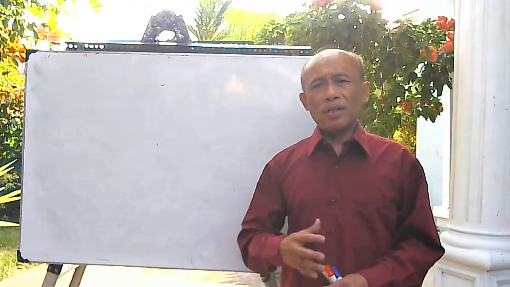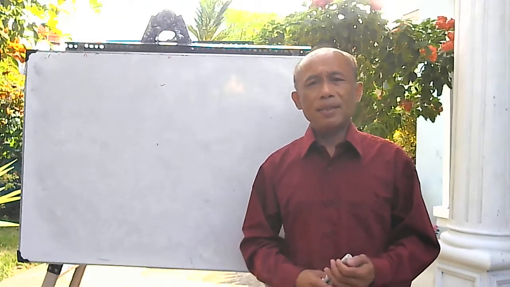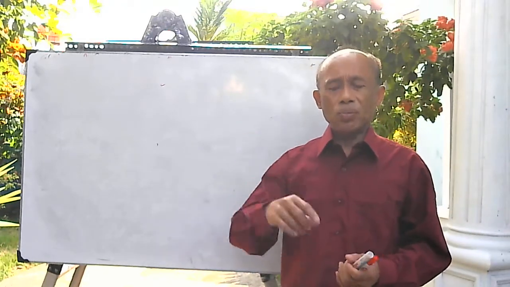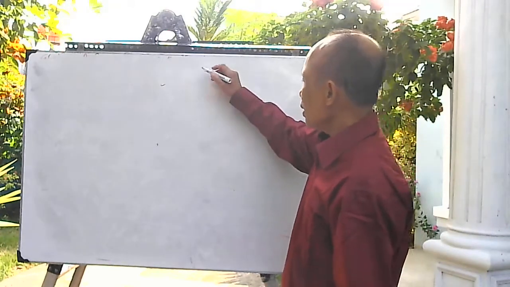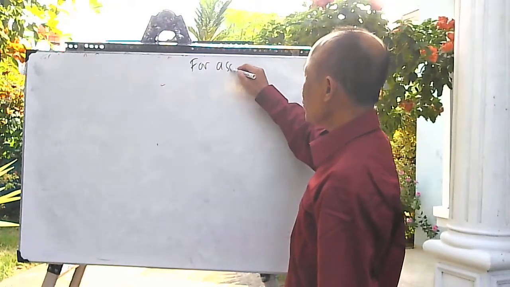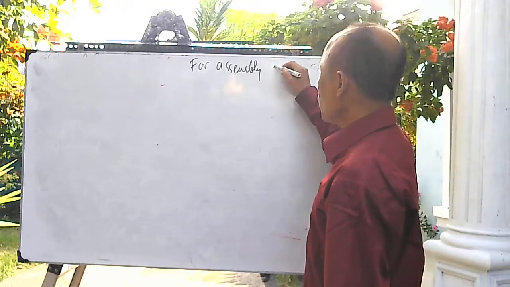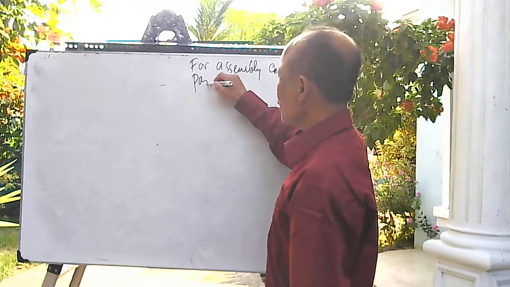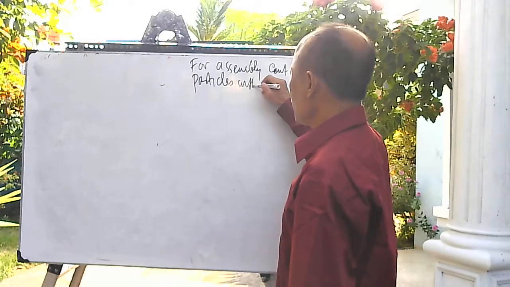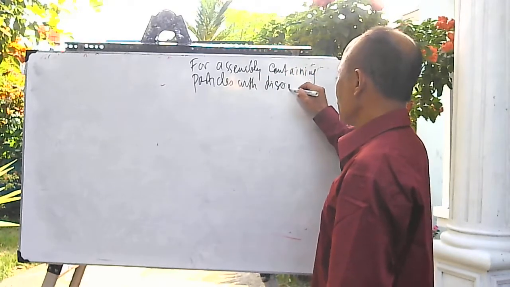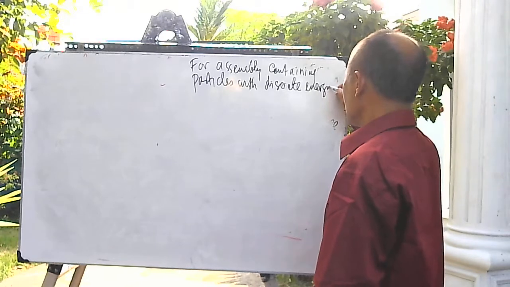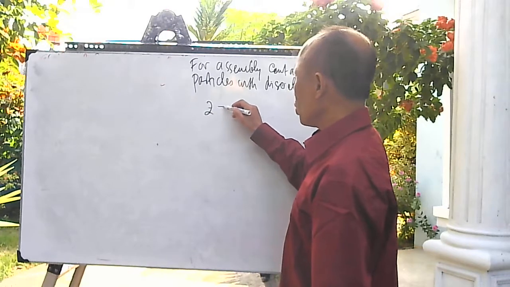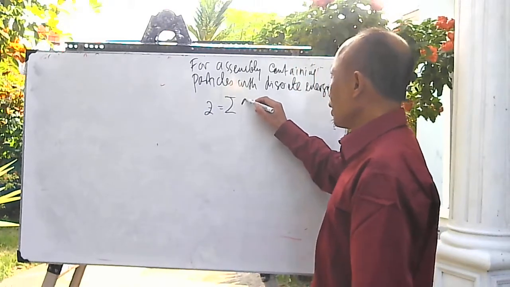In the case of an assembly containing particles with discrete energy, we calculate the partition function using a summation. As we have discussed earlier, for an assembly containing particles with discrete energy, the partition function is calculated according to the summation of this term.